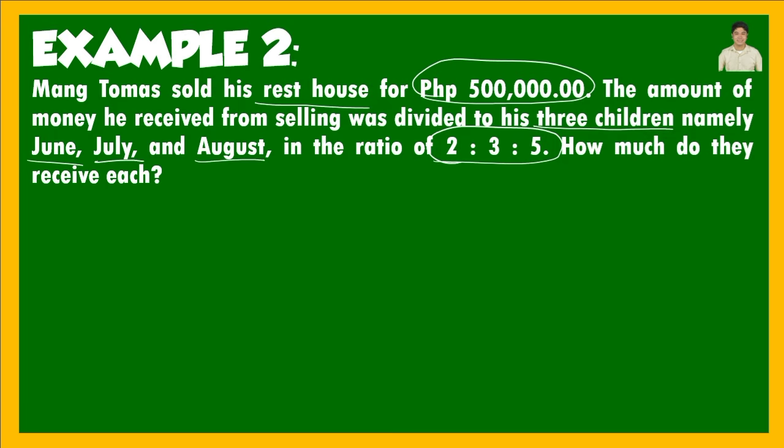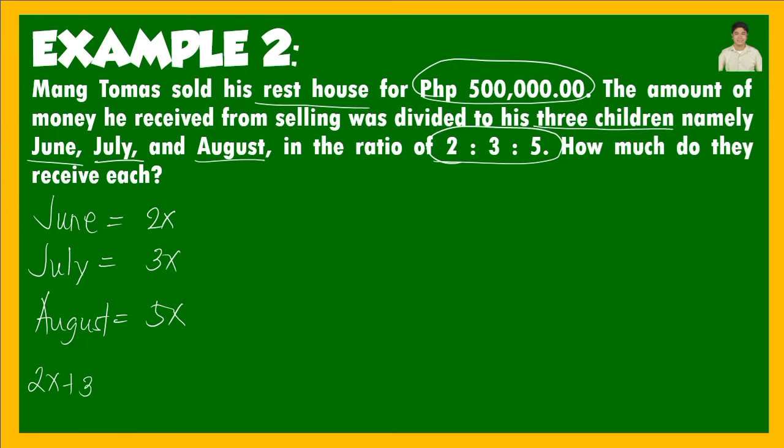So kapag sinet up natin yung ating solusyon, si June, 2x. Si July, 3x. And then si August, 5x. So yung ating solusyon, susulat natin siya as 2x plus 3x plus 5x equals yung 500,000 pesos.